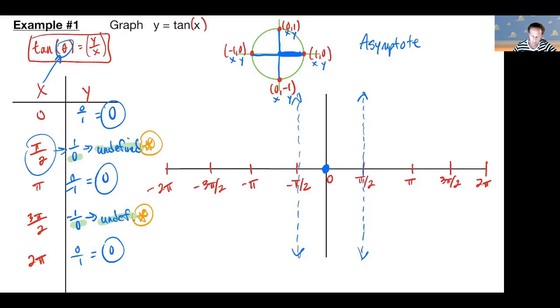So for tangent, every odd pi over 2 will have what is called an asymptote.